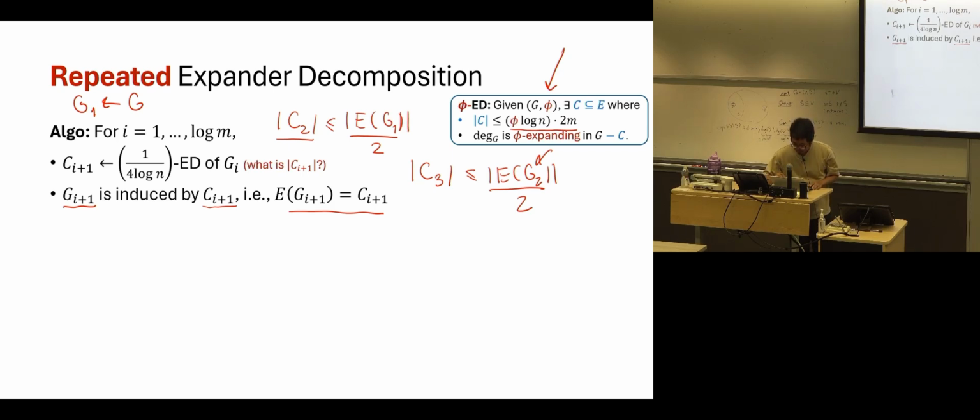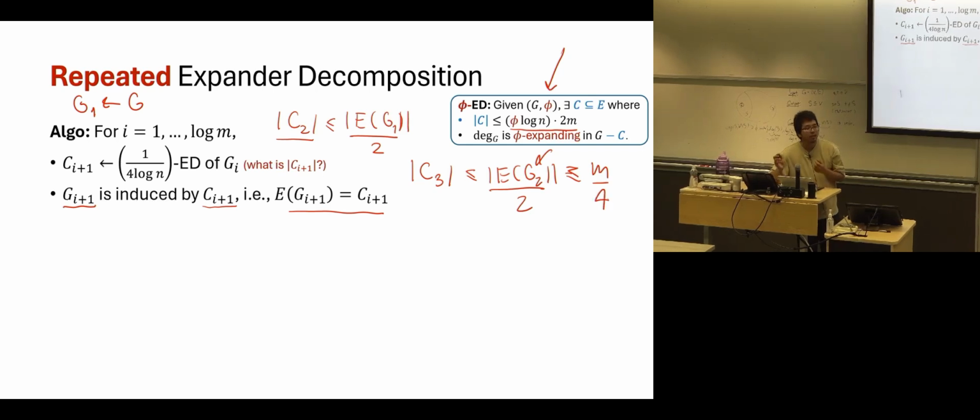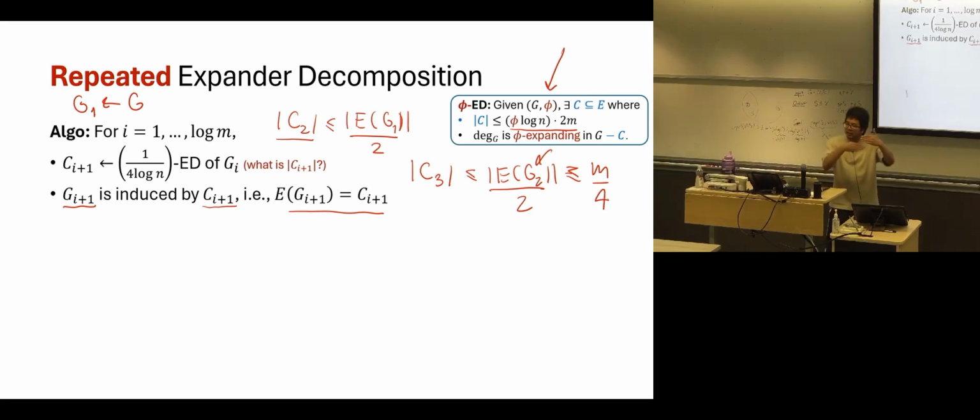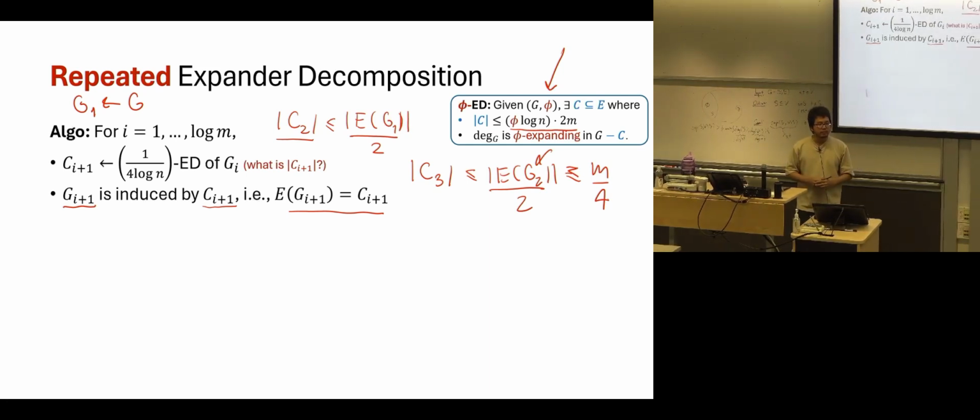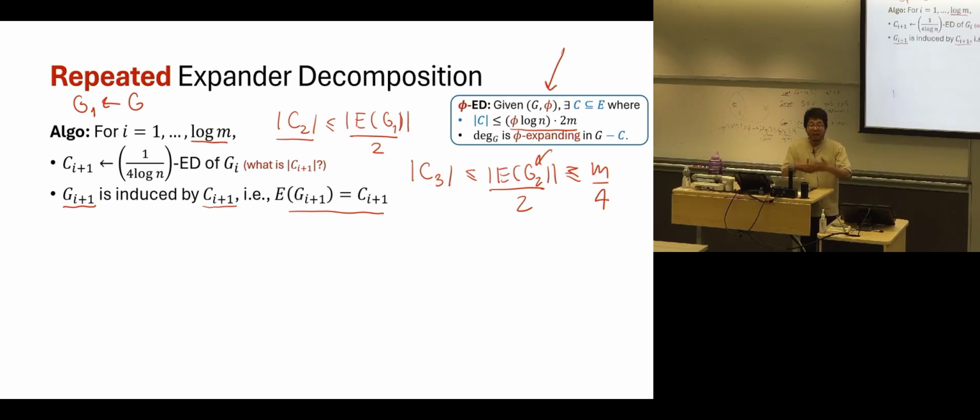So this is at most this much. You can see that it just gets half and half and half. That's why we know for sure that you don't need to proceed more than log m times, because after that the graph becomes empty.